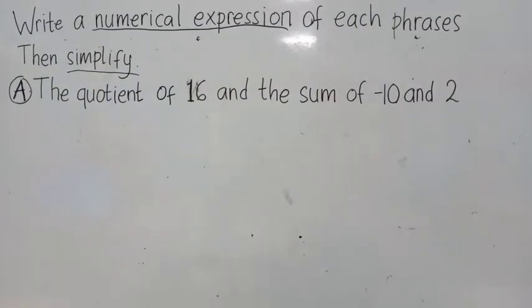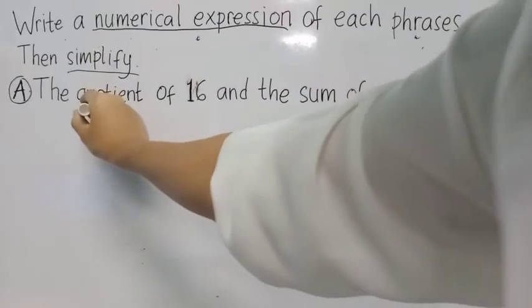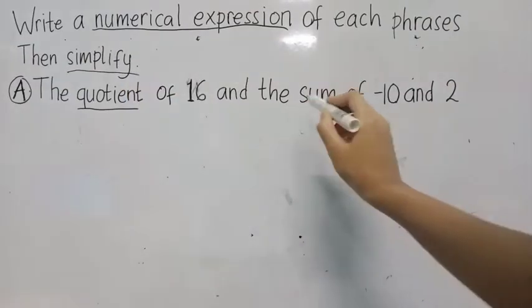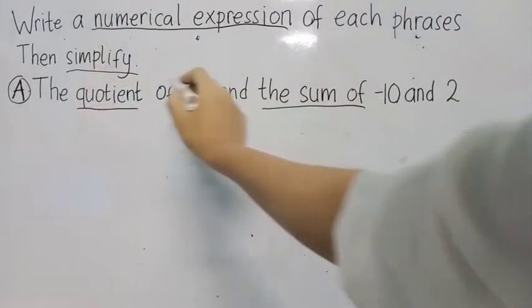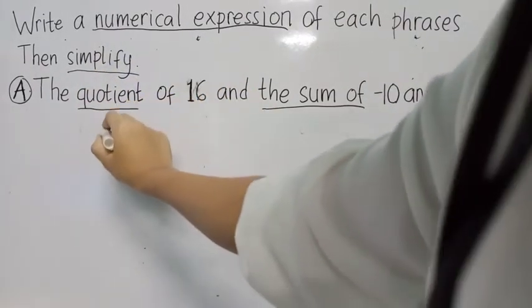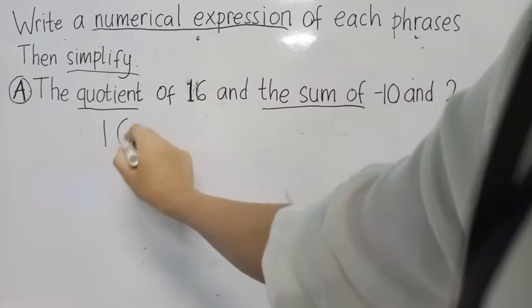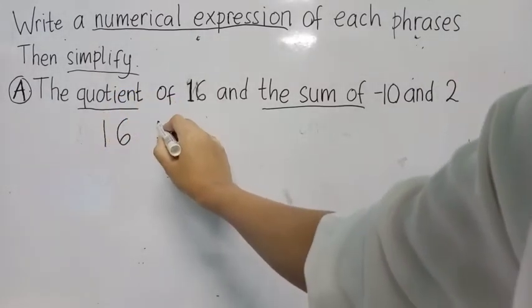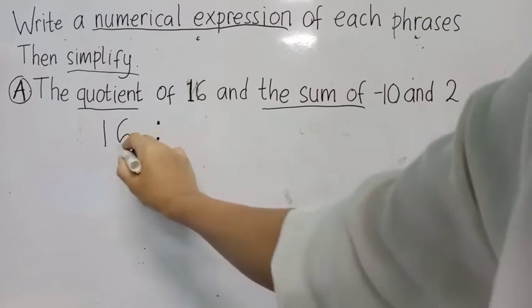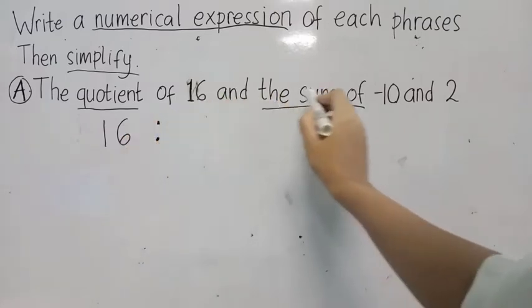For letter A, there is a sentence there. The quotient of 16 and the sum of negative 10 and 2. There are quotient and the sum of. The quotient of 16, so we can write 16 divided by. Quotient means divided by. 16 divided by the sum of.